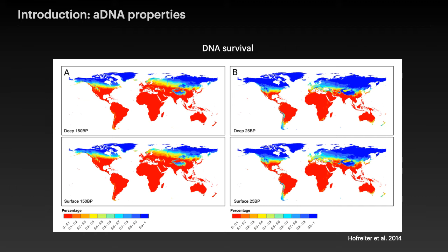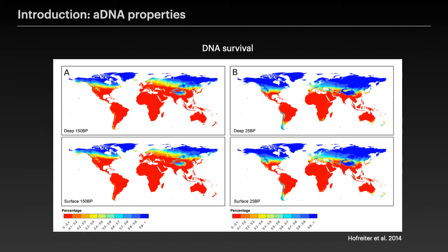So basically their prediction is quite close to what we find from empirical studies, and what we can infer from these maps is basically three things. First, the longer DNA fragments have a lesser chance of survival outside of the permafrost region, while shorter fragments are also expected to be found in separate environments.